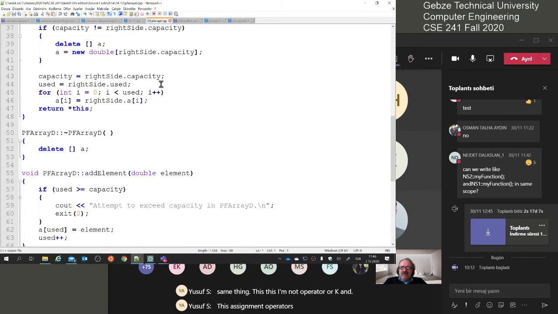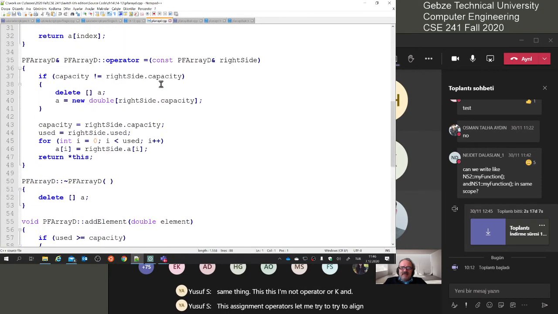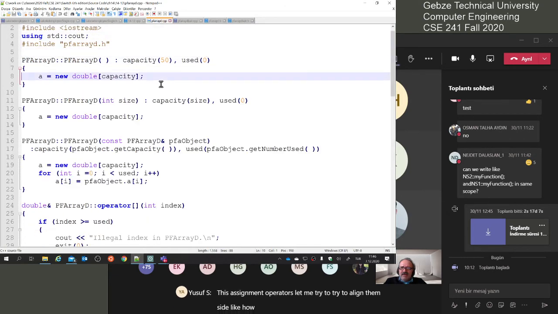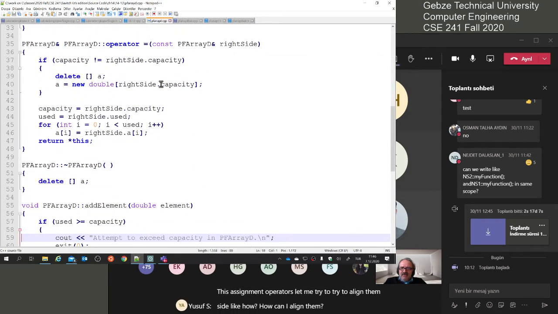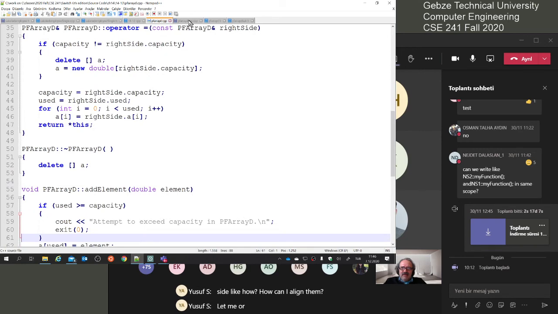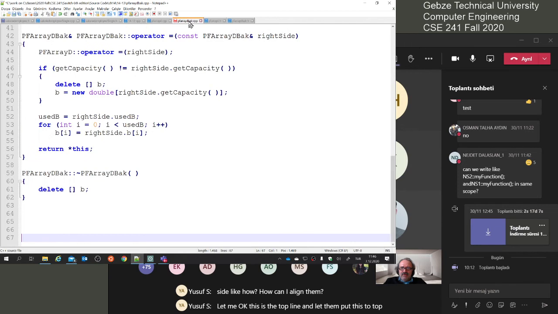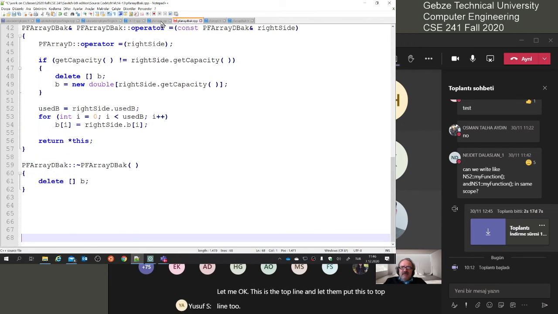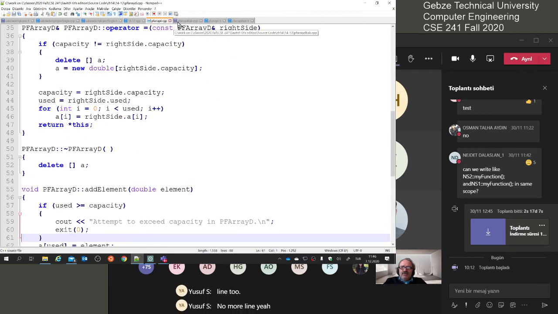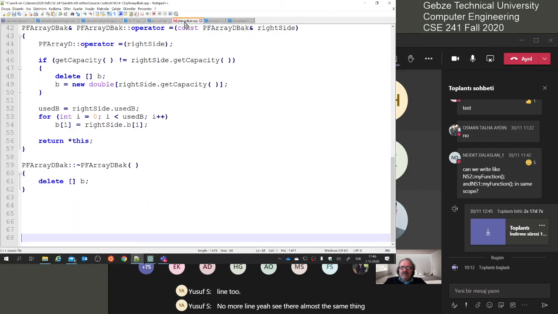Let me try to align them sidewise. How can I align them? Okay, this is the top line, and let me put this to top line too. One more line. See, they are almost the same thing. One of them, of course, is trying to call the base class assignment operator. But other than that, just checking this and doing this loop, it is almost the same thing.